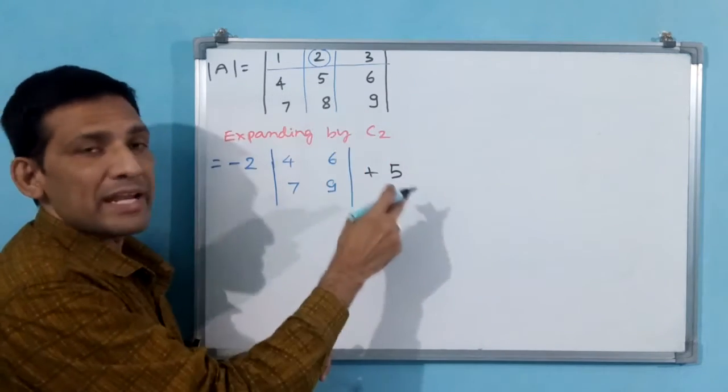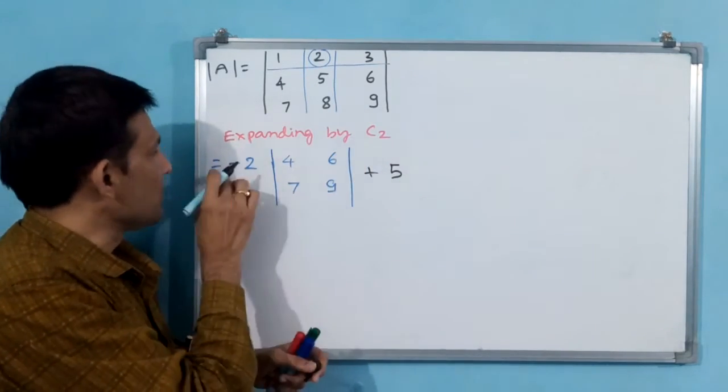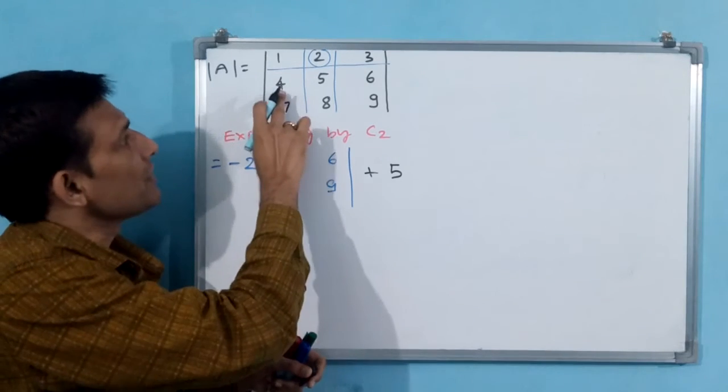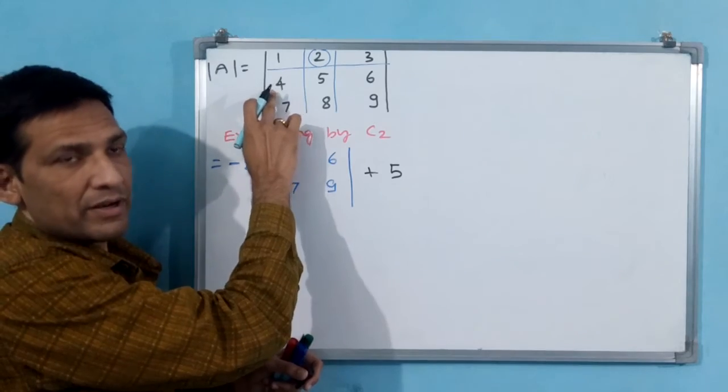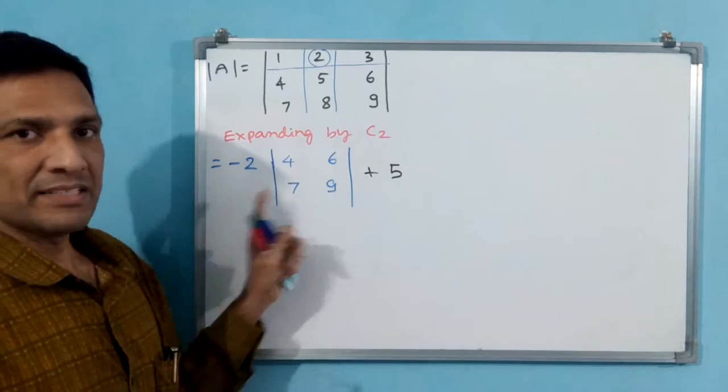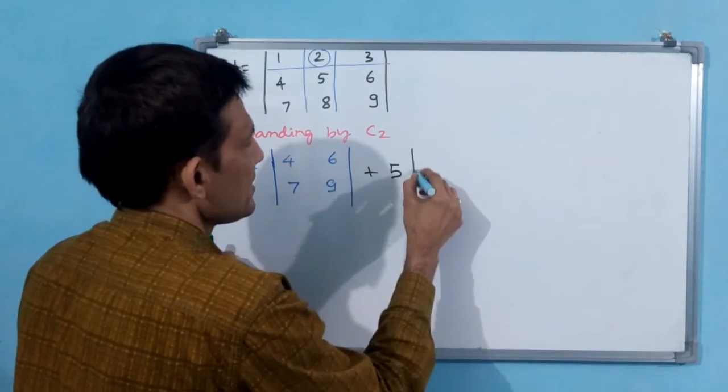If a number itself has a minus, that is a different case, but this is an operation symbol and the sign inside a number is different. Minus, plus. Then you write the determinant again.